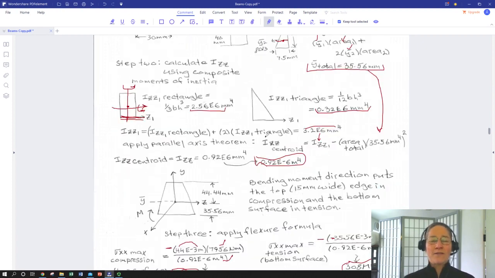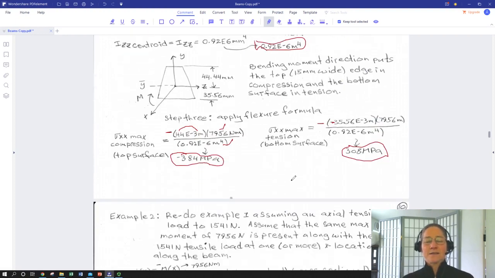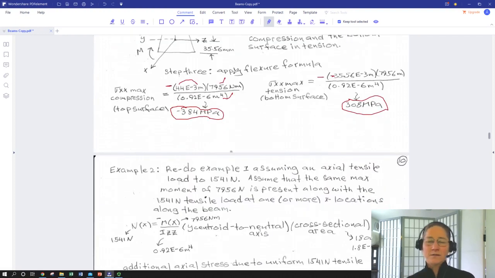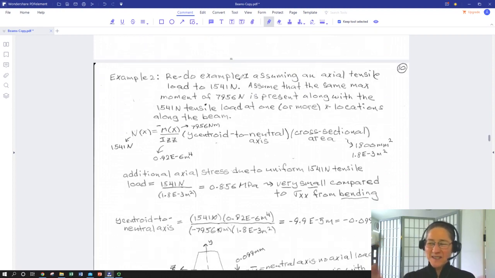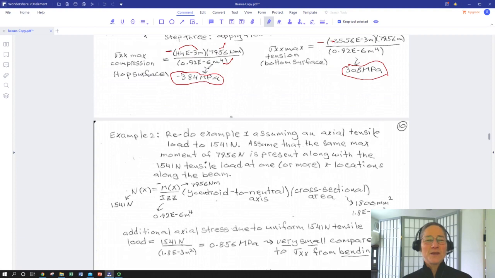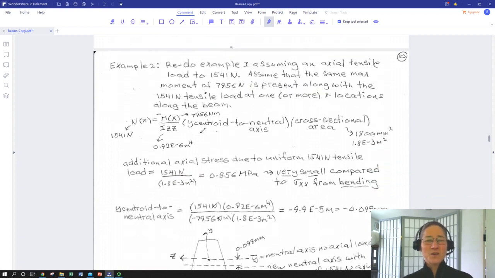That means that y value is less. It's a linear relationship, but hey, you've got the same beam, you can put it in upside down or right side up. So basically you saved 72 megapascals out of about 400. That's not insignificant, especially if you need all the safety factor you can get.